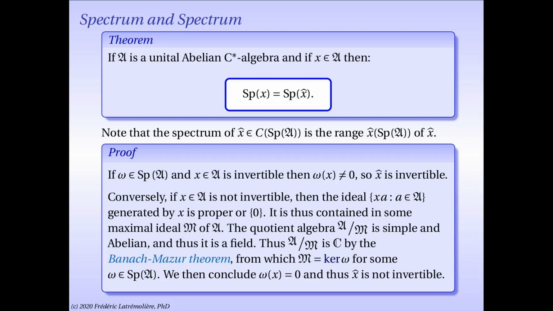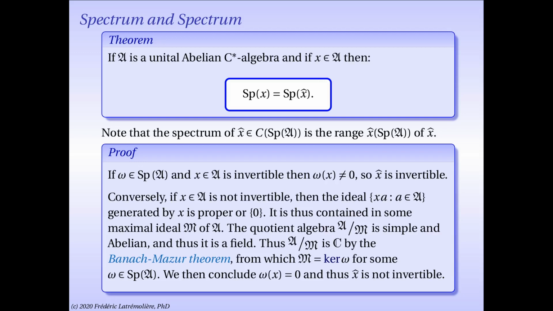Now, an ideal that's not containing the unit must actually be contained in a maximal ideal of my C-star algebra, and this is a Zorn-Naimark argument, and again, owing to the general theory of Abelian unital Banach algebras, this maximal ideal is itself proper. So this is interesting because it means that the quotient of your C-star algebra by this maximal ideal is simple, and it's not trivial, and it's Abelian.